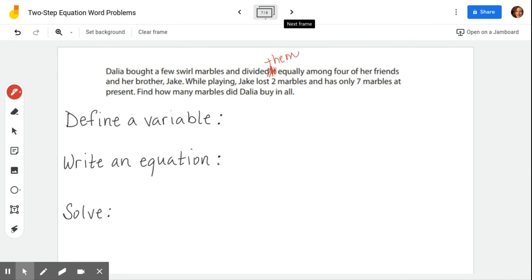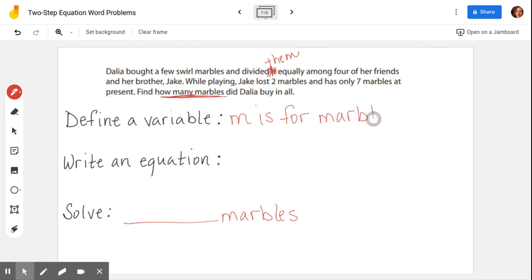Okay, here's my clue, how many marbles. So my label down here is going to be marbles. So to define a variable, you can use your X, or I'm going to use M, for marbles. If you want to be a little more specific, you can say Dahlia bought.